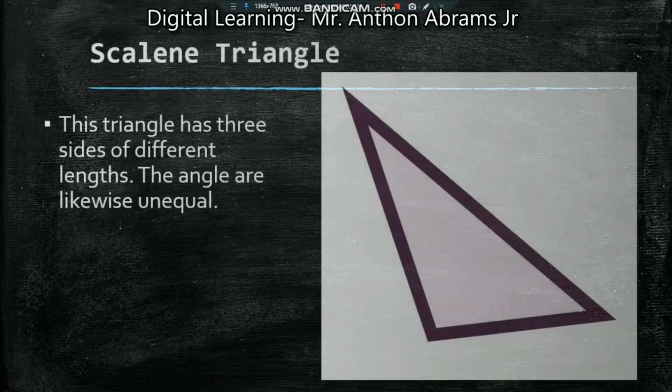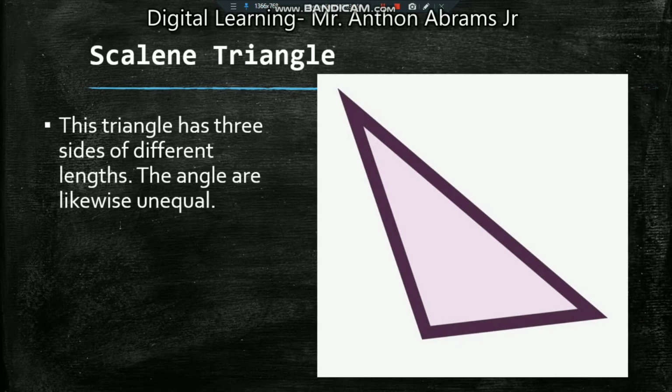Another triangle that we can classify based on the sides is the scalene triangle. This triangle has 3 sides of different lengths. The angles are likewise unequal. So all the angles are unequal, and all the sides have different lengths.